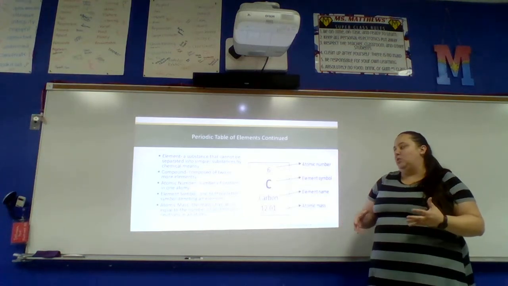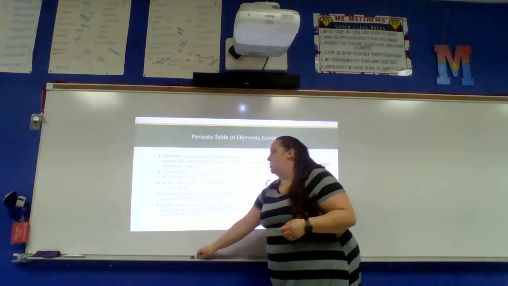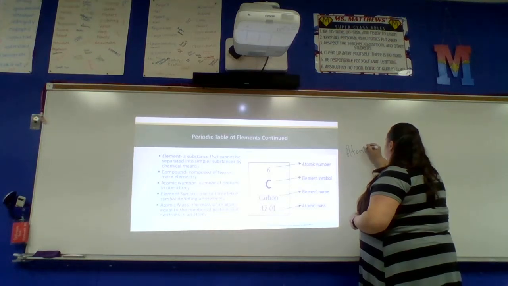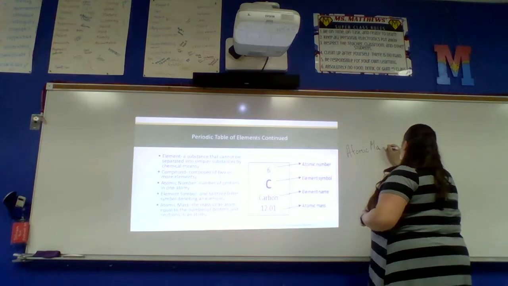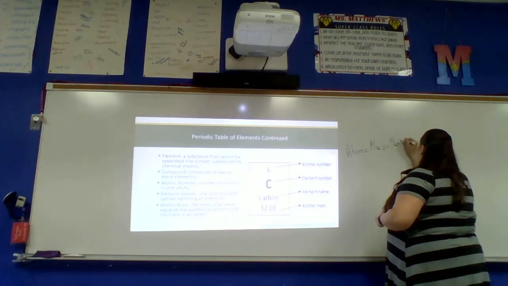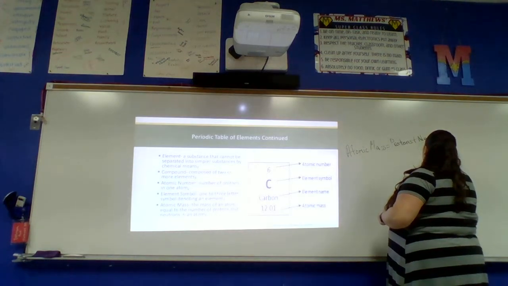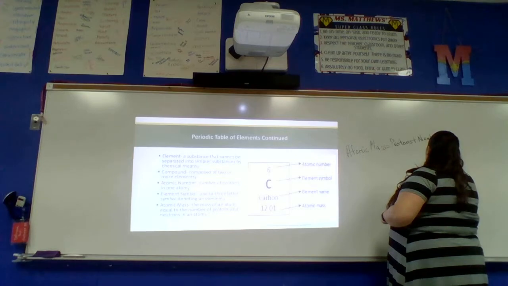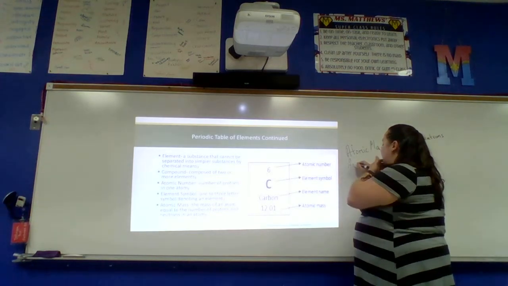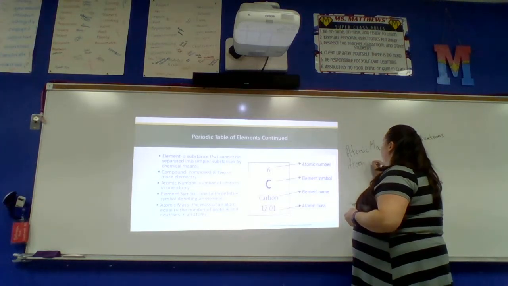So your equation for the atomic mass would be atomic mass equals protons plus neutrons. And this is important because your atomic number is the number of protons in the atom.